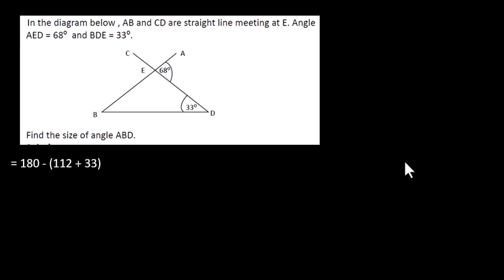So 180 minus the bracket of 112 plus the 33 which we are given. When we add 112 plus 33, we get 145.